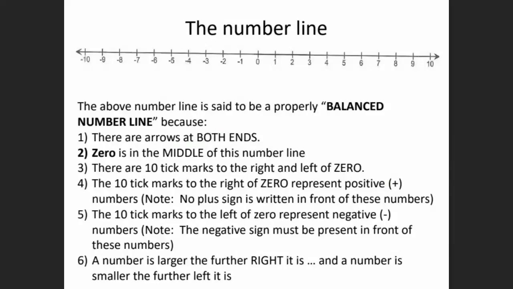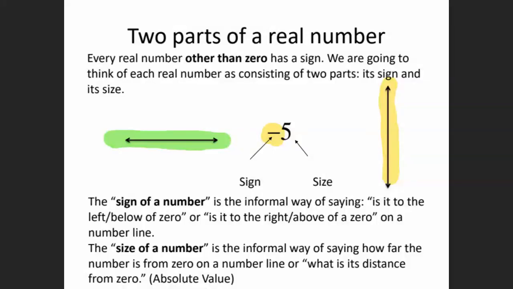And before I forget, there is another vocabulary word that you're going to need to know. It is called size. The number 5 is an informal way of talking about the size of something.